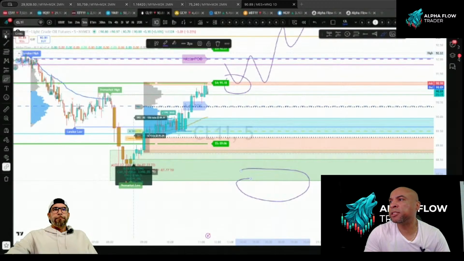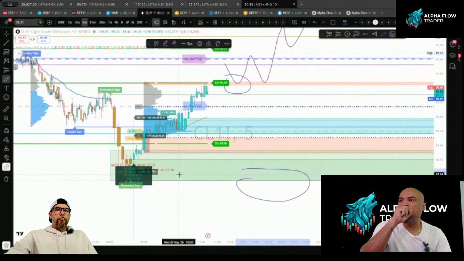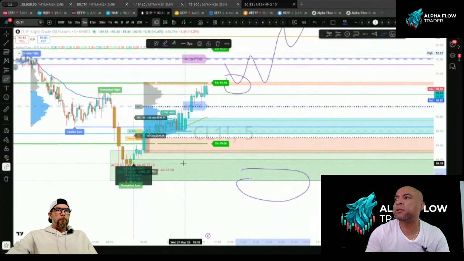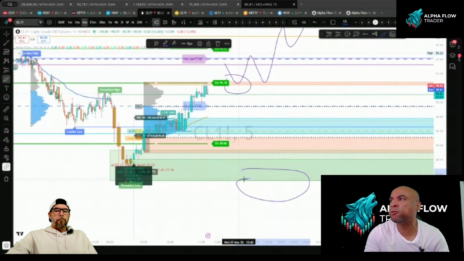And S5 is 89.06. However, like I said, it needs to break through S5 and come into our demand zone range, which is anywhere from 88.84 to 87.77. So it's got to come into this range first before reversing.